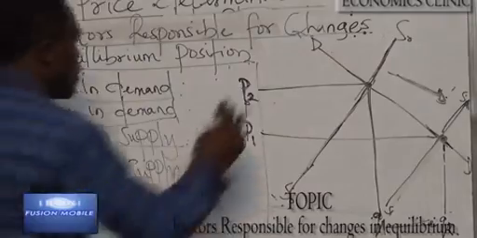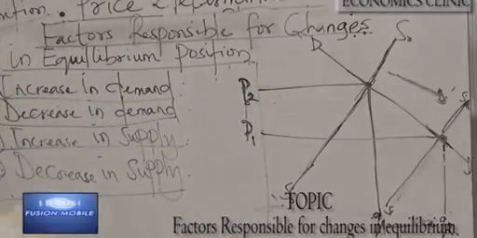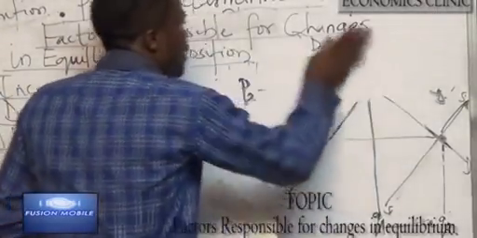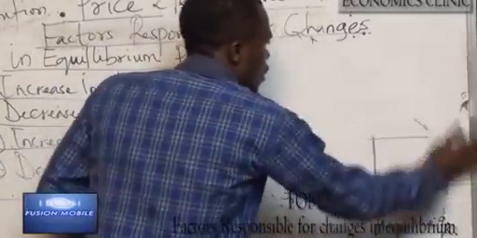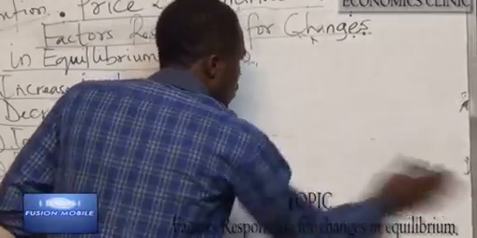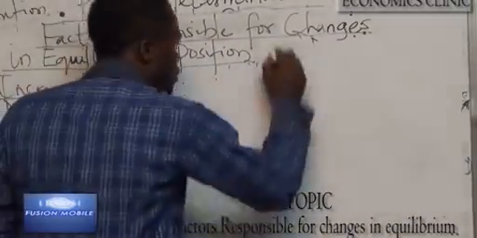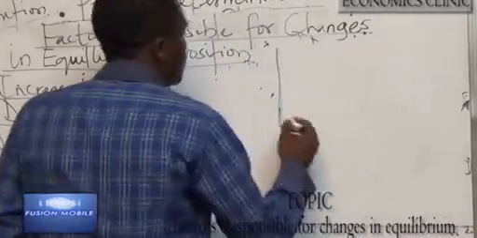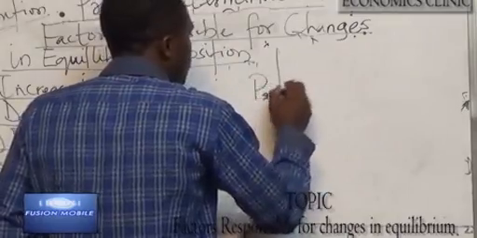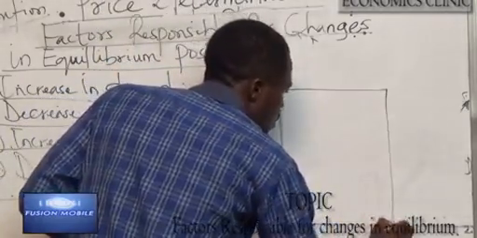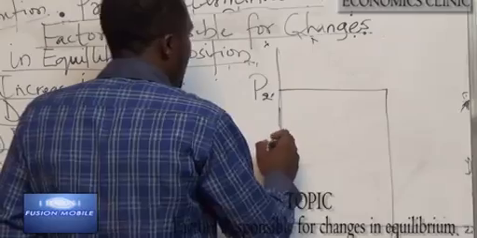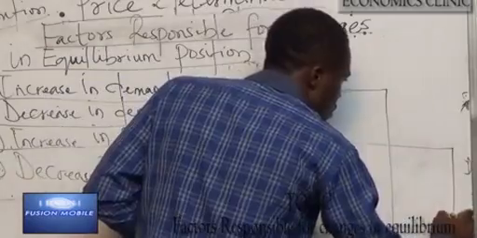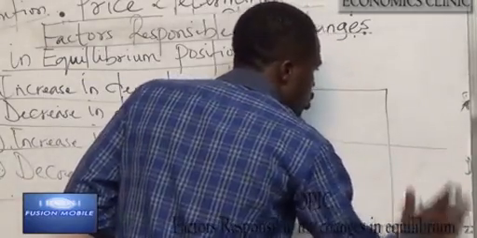Also, we have decrease in supply. Decrease in supply can better be explained also on a graph, where we have P2 drawn to meet Q1 and P1 drawn to meet Q2.